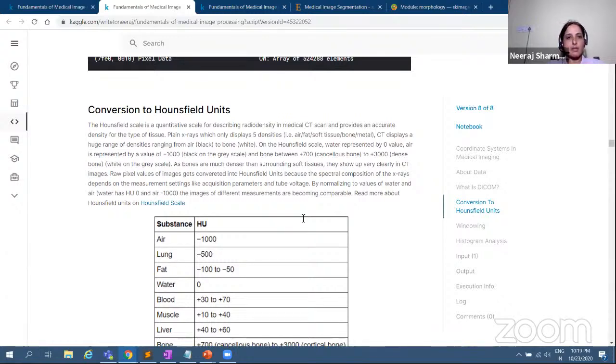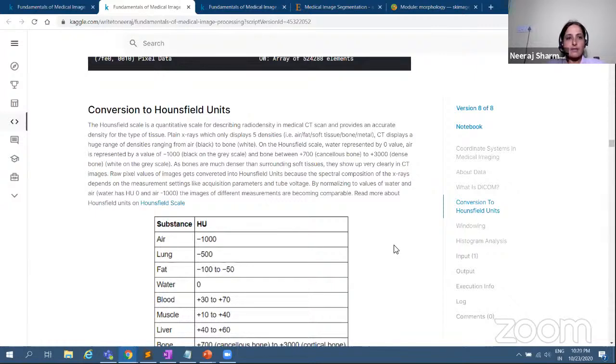This is named after the scientist who discovered it. It is basically a quantitative scale which provides the accurate density of the type of tissues. On every X-ray or CT scan, there are different densities. In X-rays, we only had 5 types of densities: air, fat, soft tissues, bone, and metal.